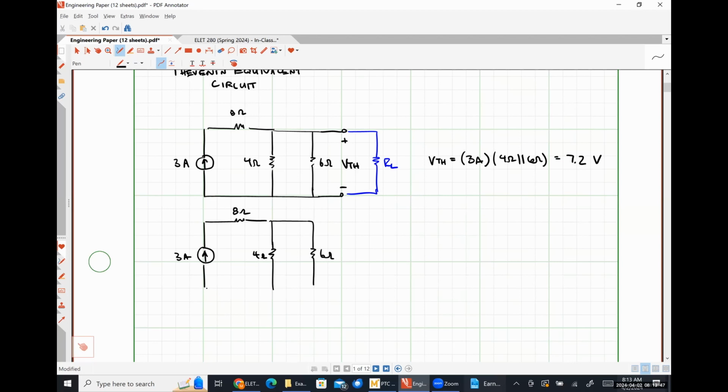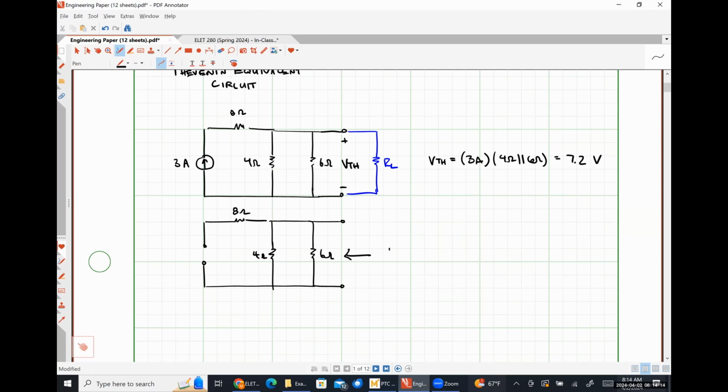Here's 6 ohm resistor. So here's my network. Thevenin resistance is always found looking at a dead network, which means I turn off my current source. How do I turn off a current source? It's an open circuit. Absolutely right. So the person that said don't draw it is also correct.